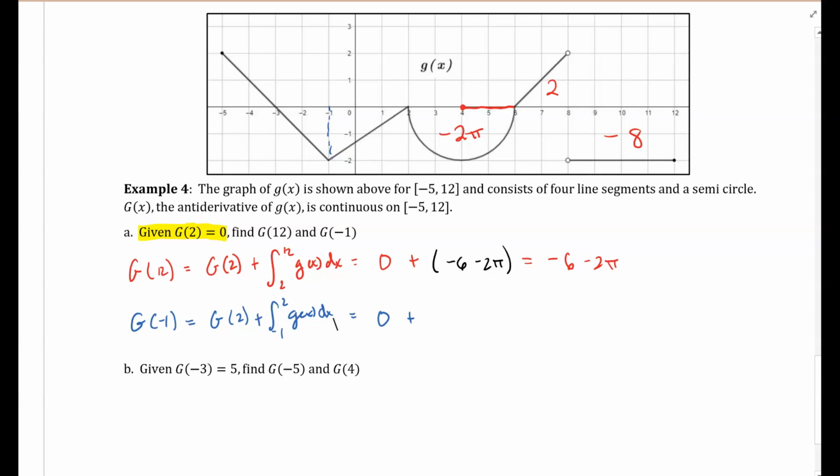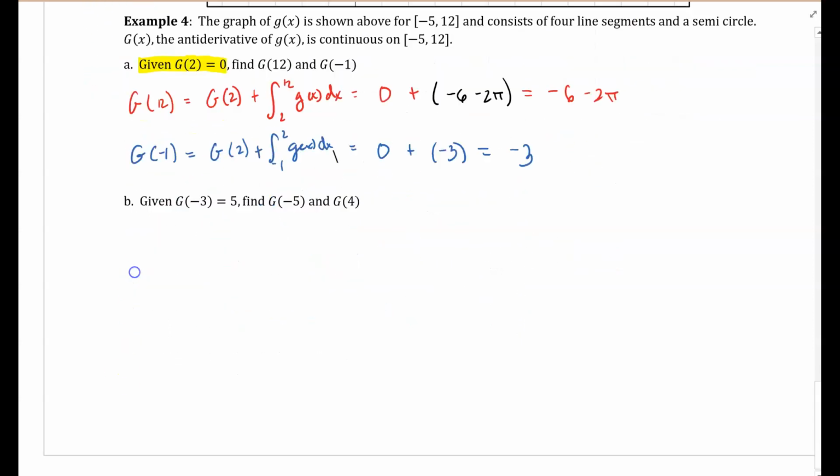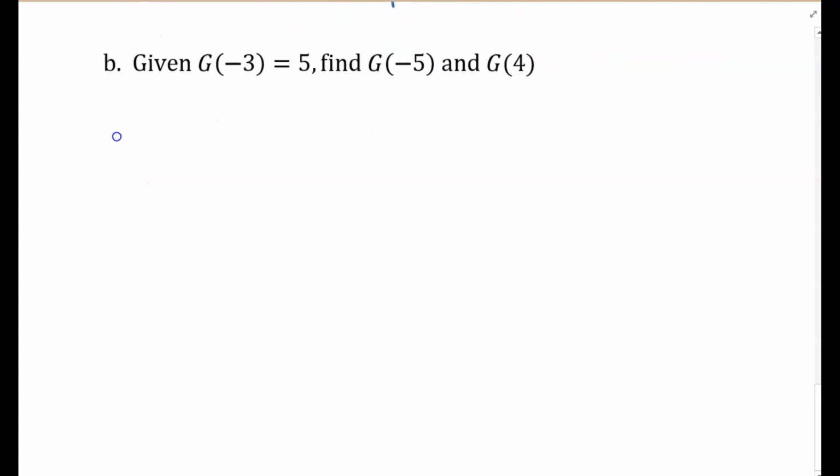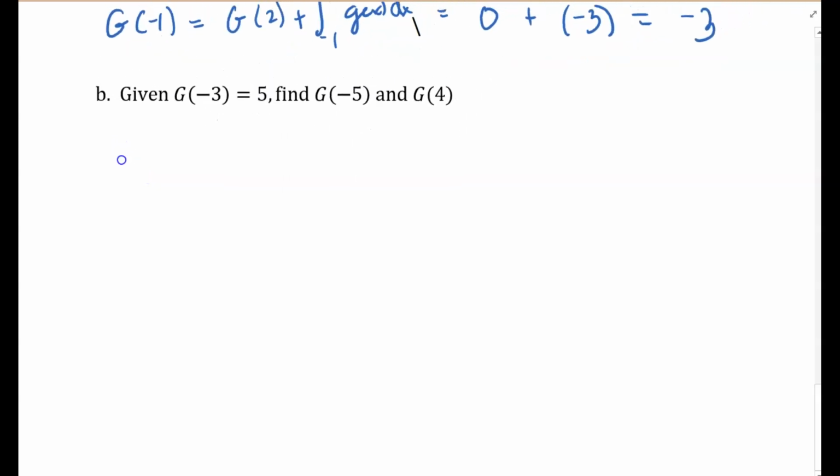That looks like a width of 3 and a height of negative 2. So that's 1/2 base, 3, times the height, negative 2. You get negative 3, so 0 plus negative 3 gives us negative 3. Okay. Here is the next example, part B.